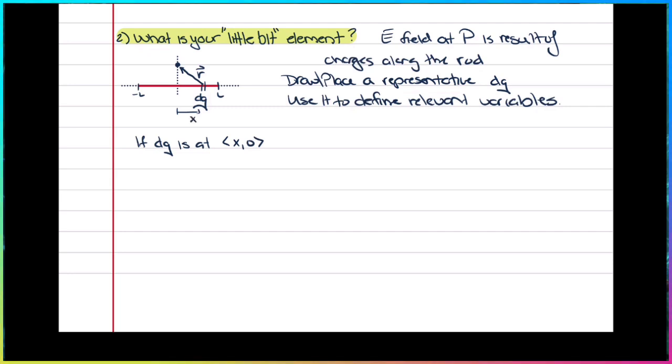It could be a different x value for every little dq, but I'm just leaving it as a general x in this case.